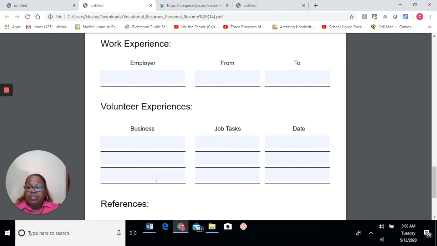You can volunteer at school, you could volunteer at your church, you could go into a facility near your home, at a recreation association or at a nursing home. Community work is very, very important and looks very good on your resume. So find yourself some volunteer work at all times and be prepared to list that information.